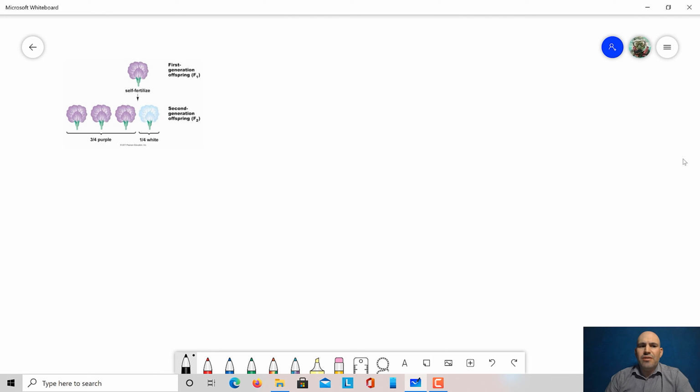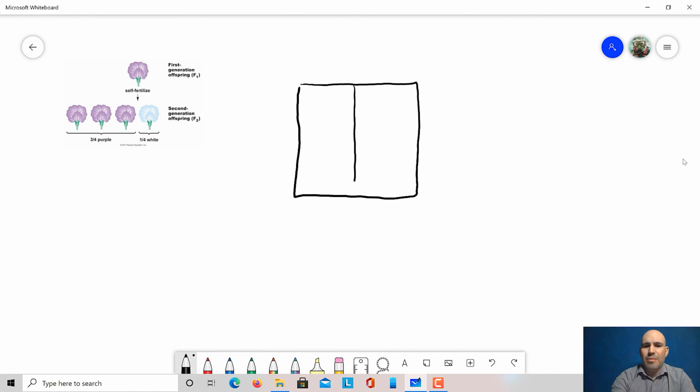So next, Father Mendel took the offspring of that purple and white flower, and then he let it self-fertilize. And then what he got was 3/4 purple and 1/4 white. So let's replicate this using a Punnett square to help us visualize what had happened.